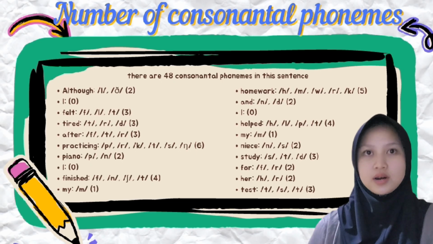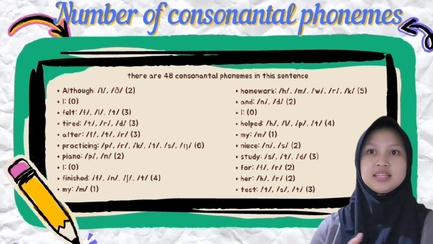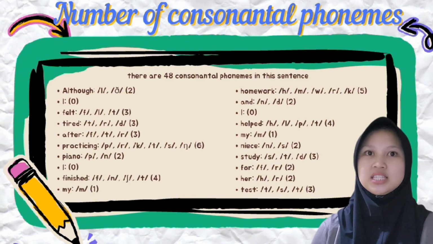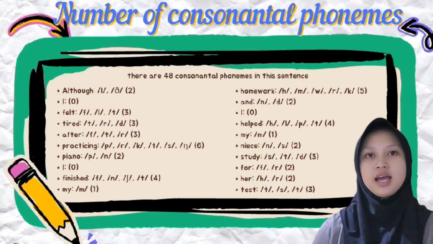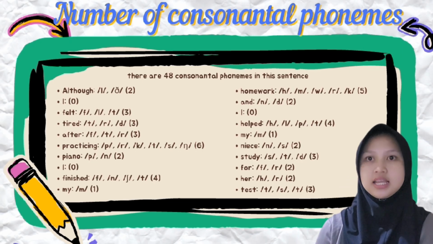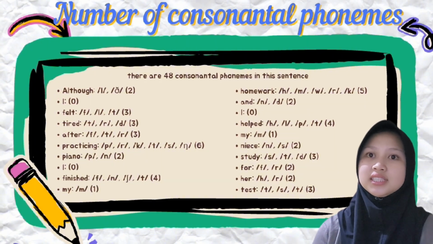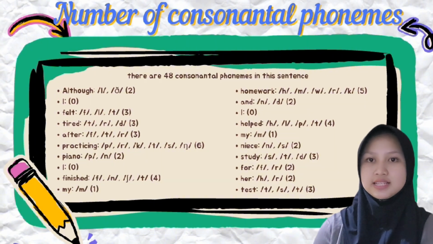Some words, such as the pronoun I, do not contain any consonantal phonemes because they consist only of vowel sounds. After counting all consonantal phonemes in the sentence, the total number is 48. This analysis helps us understand the phonological composition of the sentence.